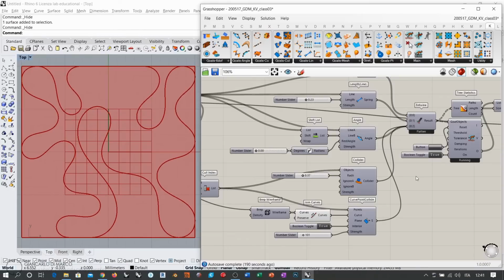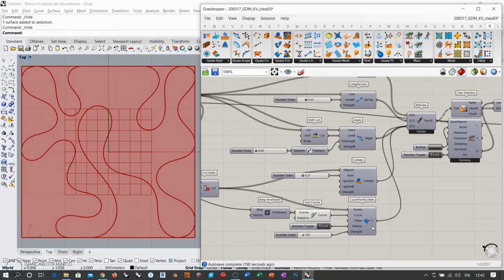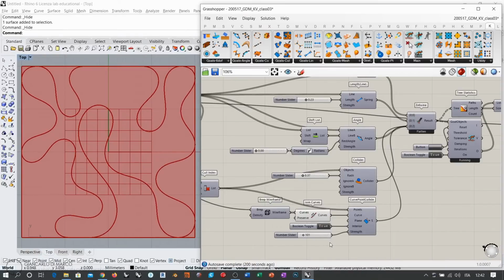Okay, and the speed of this depends on how strong these components are. So you saw that as for the curve point collider, I placed a slider with 101 and able to reach up to 1000. And now 1000 might be too high. It might produce some instability.